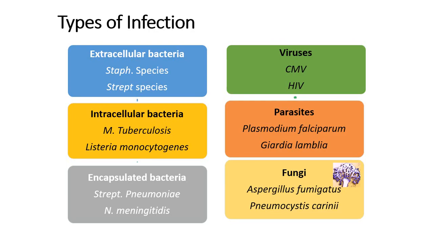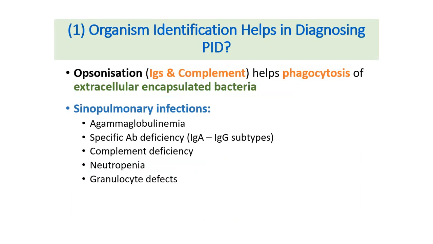Those are the extracellular bacteria and the intracellular bacteria. These are all intracellular organisms, and those are the capsulated. So the kind of organism helps in diagnosing PID.